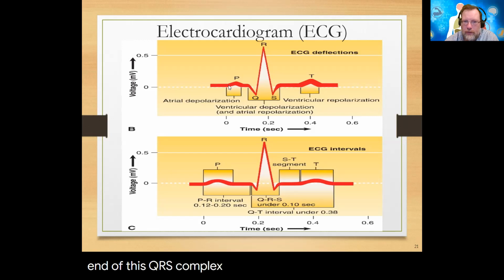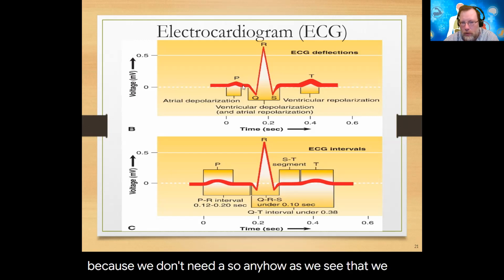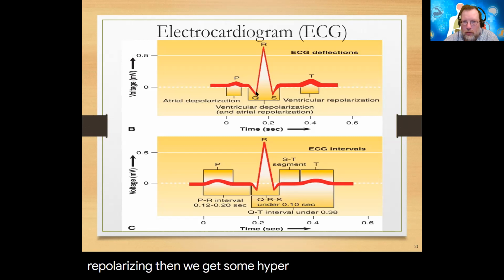Okay, so the atria have filled, the atria are filling, and then we're prepping the atrial muscles to contract and send the blood down into the ventricles. And again, we don't need a strong force of contraction to send blood from the atria down into the ventricles. That's part of the reason why we don't see a large P wave typically, is because we don't need a strong force of contraction.